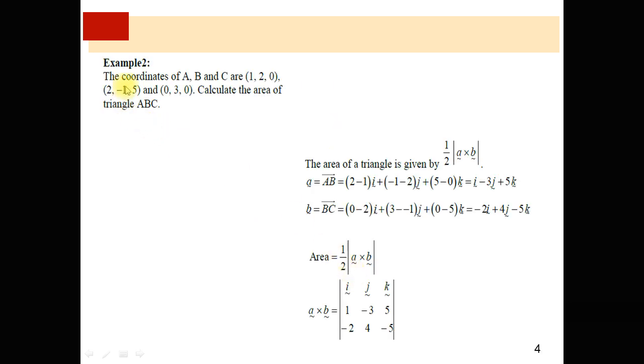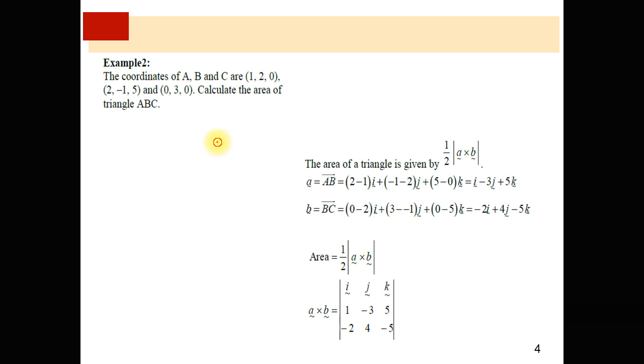Now another example. The coordinates of the points A, B and C are 1 2 0, 2 minus 1 5, and 0 3 0. These are the coordinates of the points A, B and C. To find the area of the triangle ABC, first of all, a triangle is defined by the points.